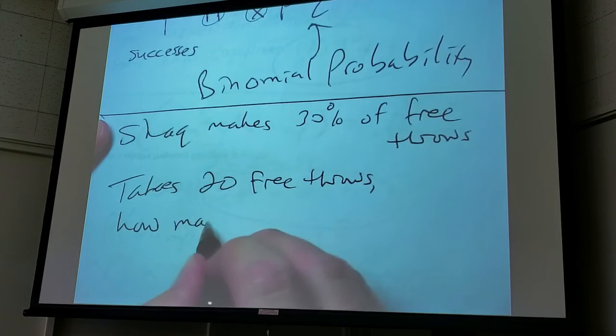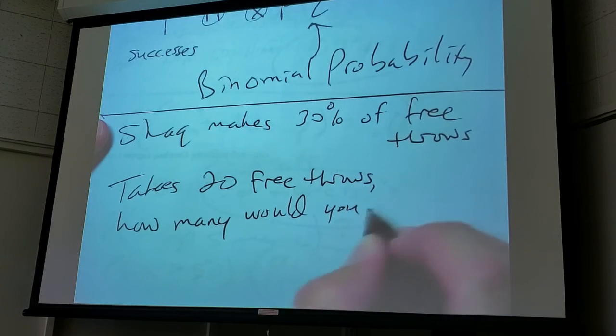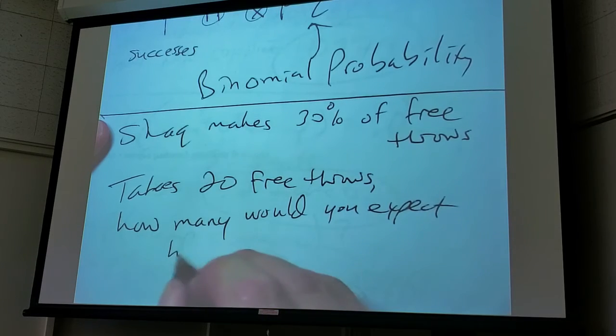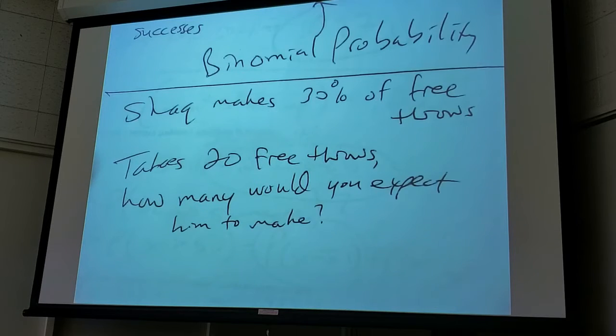How many would you expect him to make? So this is an expected value. So another way to say that is, how many on average would he make if he took 20 free throws?